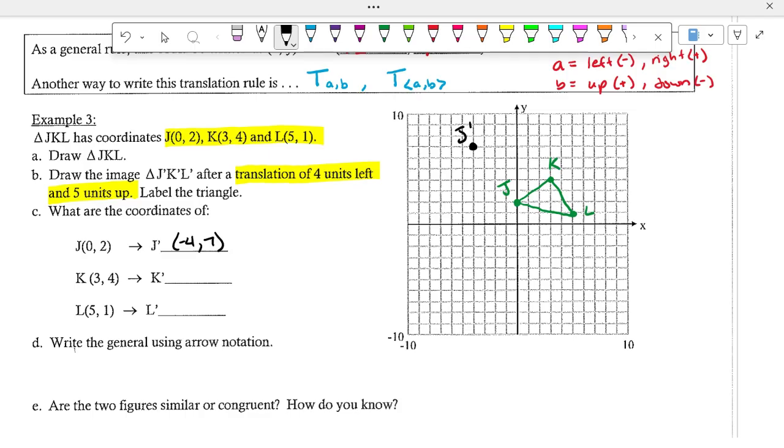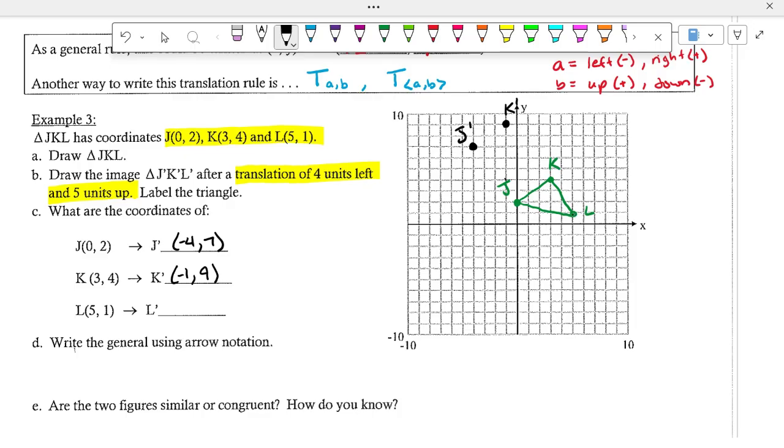All right, K prime. We're going to go to the left 4, so 1, 2, 3, 4, and then up 5, so 1, 2, 3, 4, 5. So right here, that's K prime. What's the point? It's -1, 9. Good.